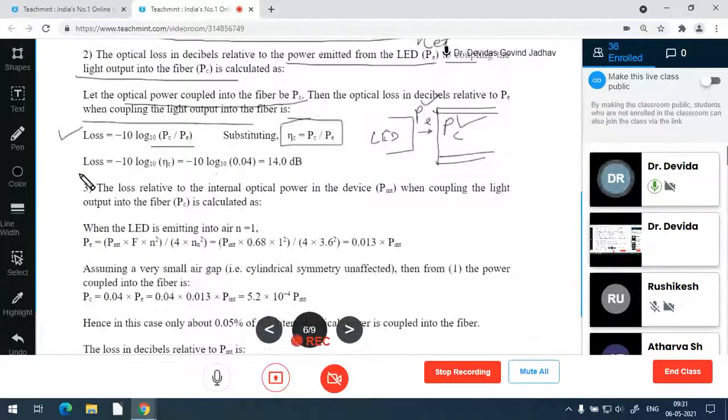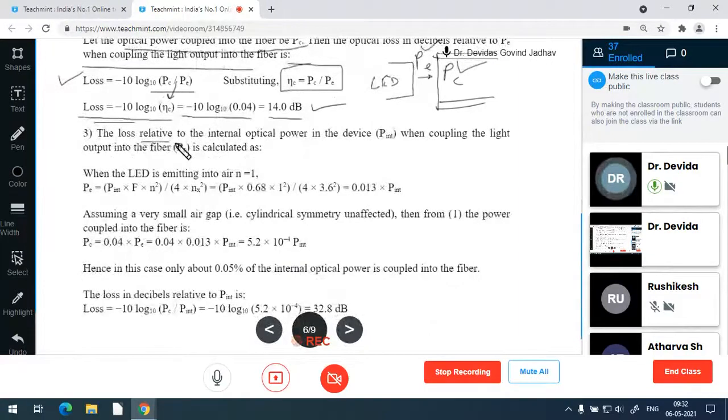So the loss is minus 10 log to the base 10 of 0.04, that is 14 dB. So the optical loss in decibels relative to the power emitted from the LED, to the light output power coupled into the fiber, is 14.0 dB. This is the loss of coupled power with respect to emitted power.